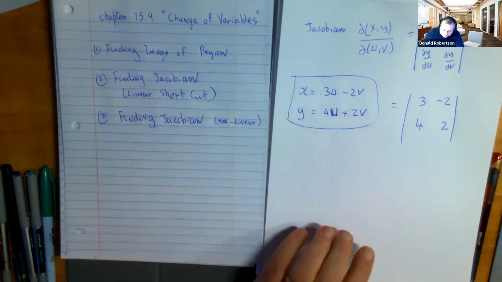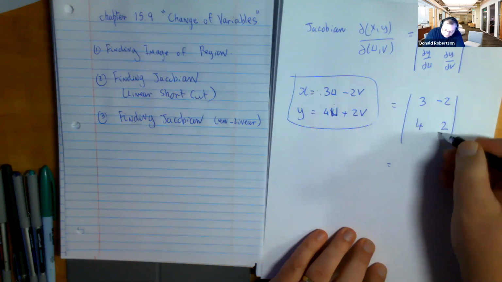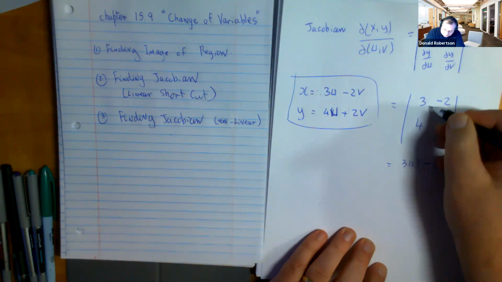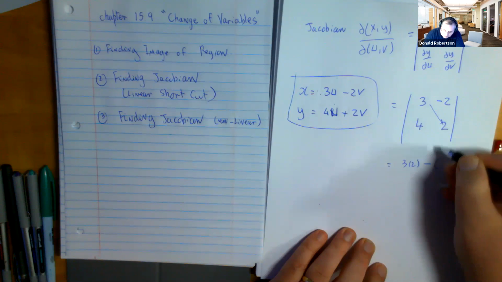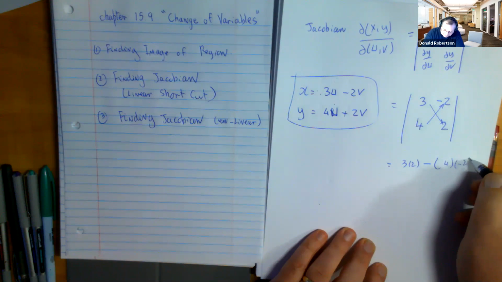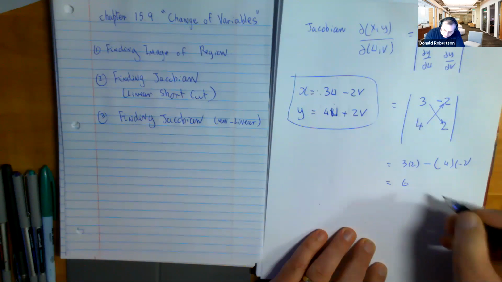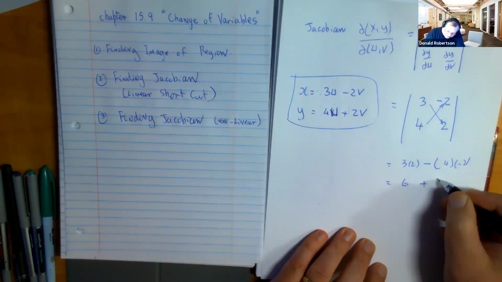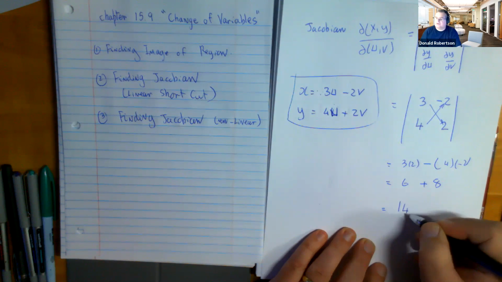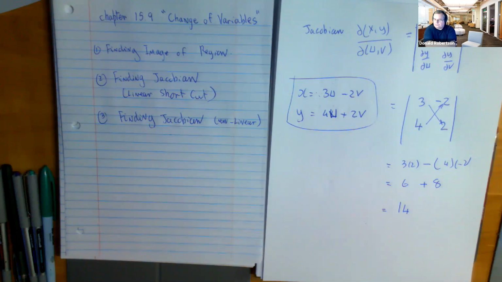This is the Jacobian. And this guy is 3 times 2, take away, major diagonal, 3 times 2, subtract minor diagonal, which is what? 4 times negative 2. In this case, it's 6, add 8. And so I believe the answer is 14. Are we good?